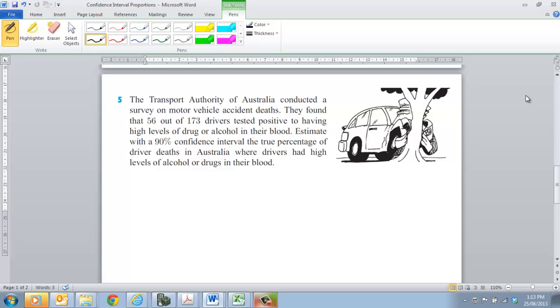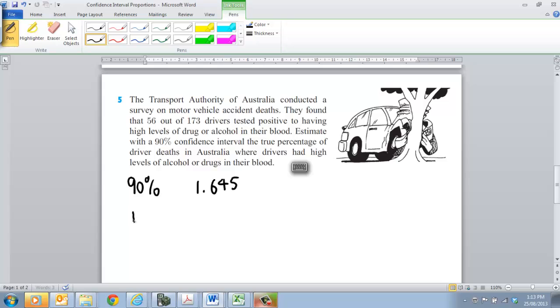Estimate with a 90% confidence interval the true percentage of deaths in Australia where drivers had high levels of alcohol or drugs. The one thing we do need to know is the 90%, and that's going to be equal to 1.645. So keep that in mind.